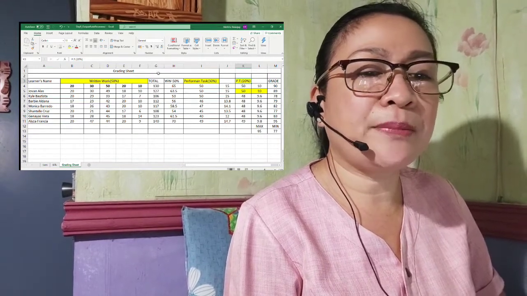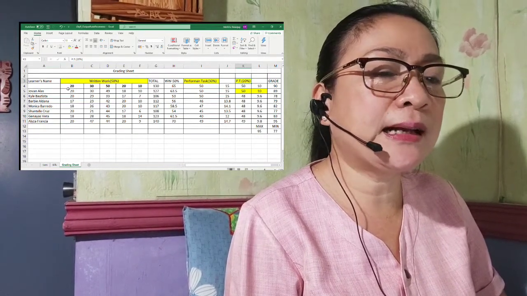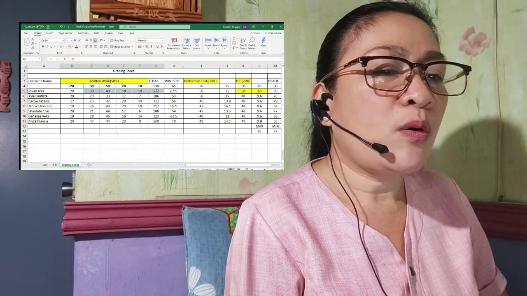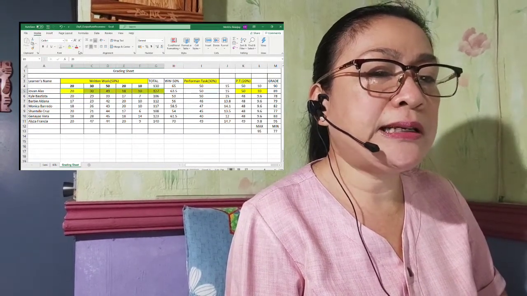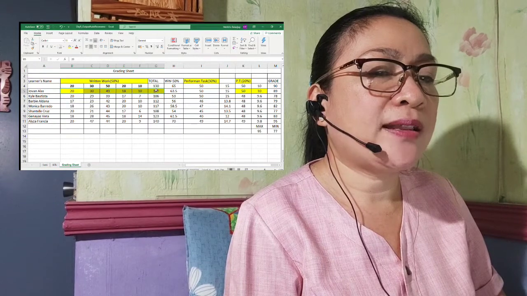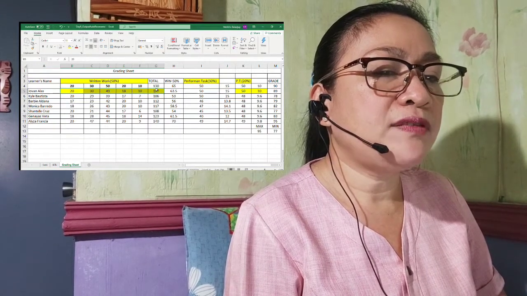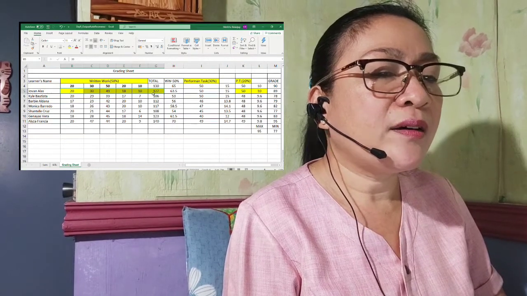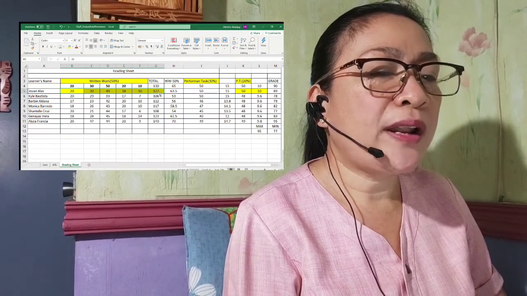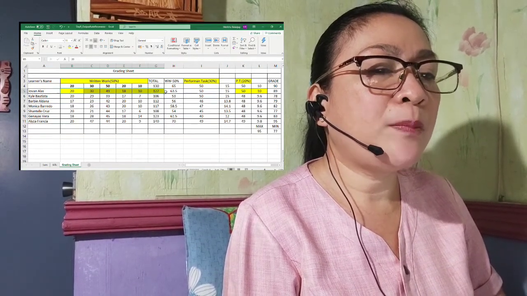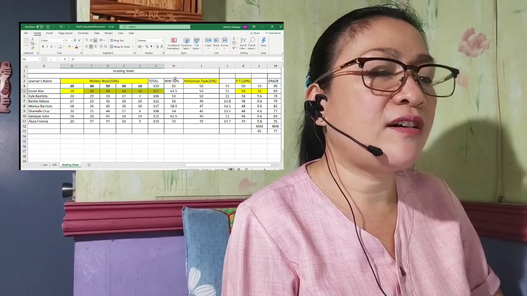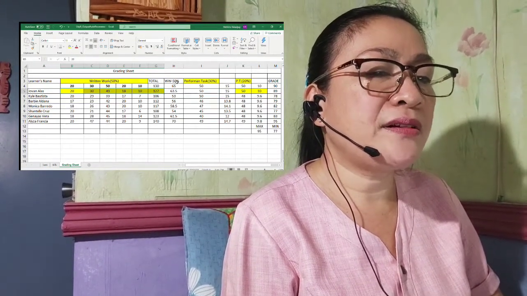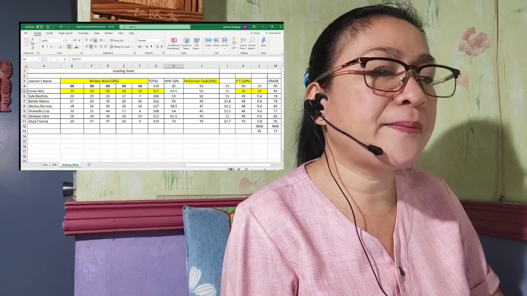So for example, my first student got 127 over 30. Right, so to get the 50% of 127, you're going to multiply 127 by 0.50 or 50%, and the result is 63.5.